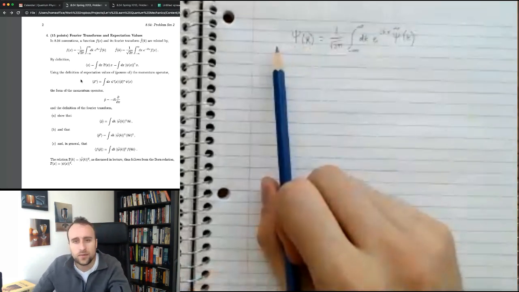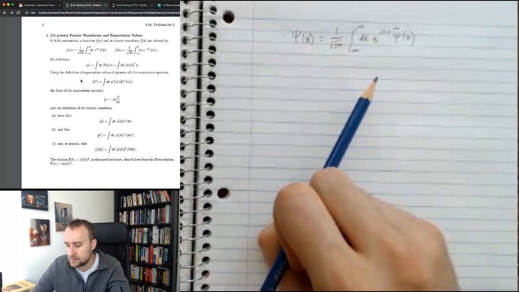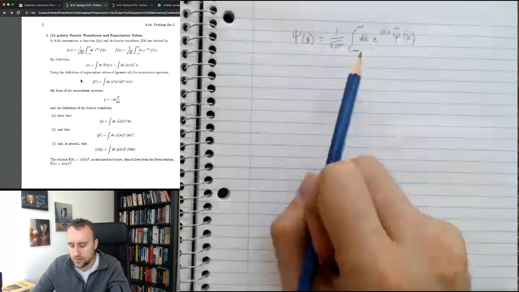If I take the momentum operator on each of these, but the momentum operator is differentiating with respect to x, so I'm not going to get what I want. So what if we try doing this?